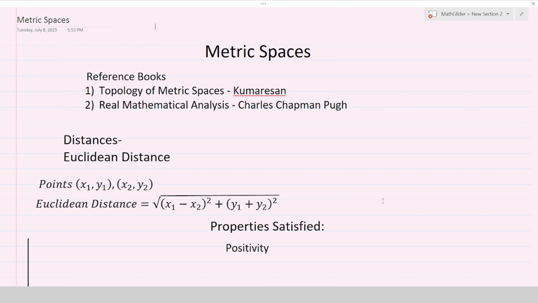So the goal of this topic is to understand what distance really means and what properties it should follow. How can we define distances in more abstract settings, rather than saying that distance is just a straight line distance, and we can do many other things with it.